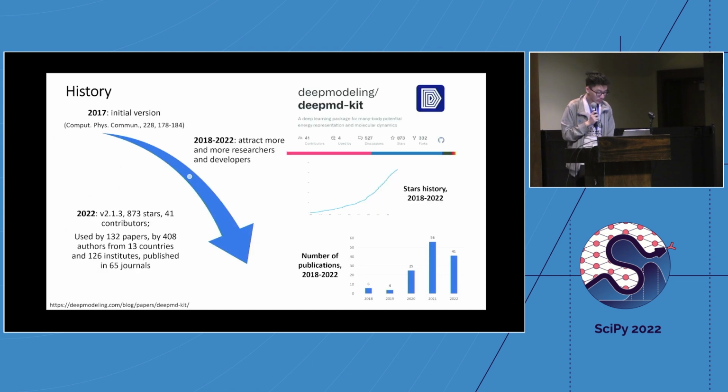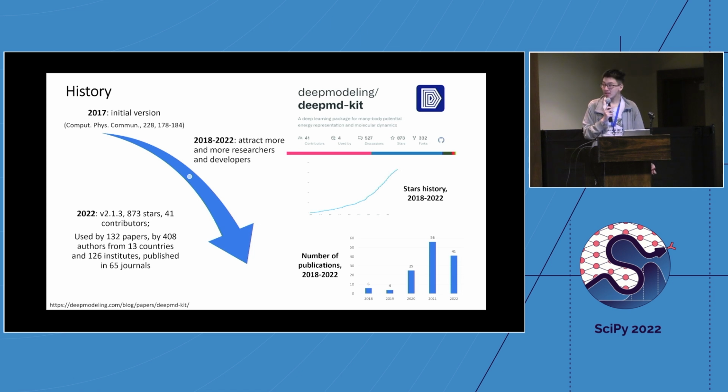So in 2017, the initial version of DeePMD-kit was proposed, and then in the past 5 years, more and more researchers and developers have been attracted by DeePMD-kit, including me.